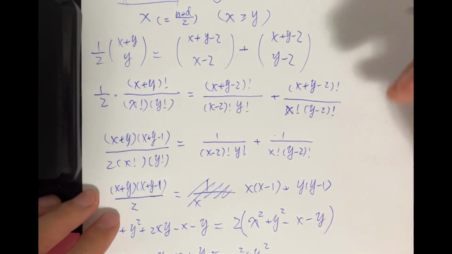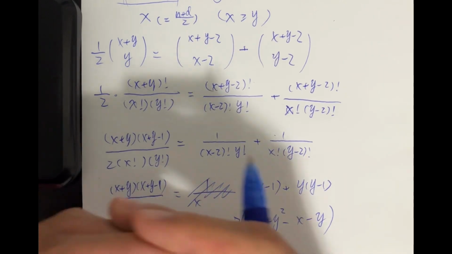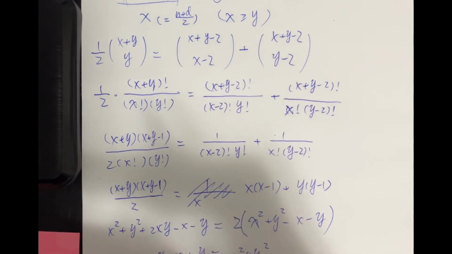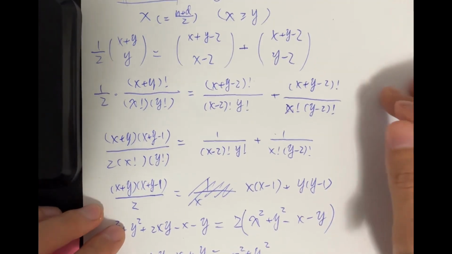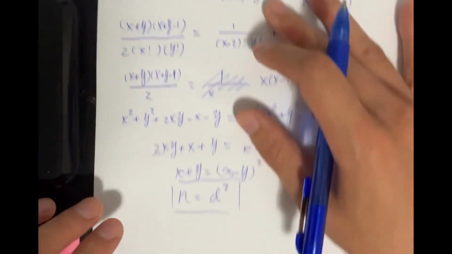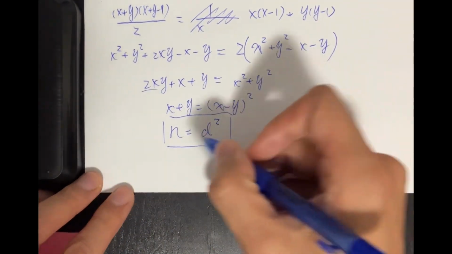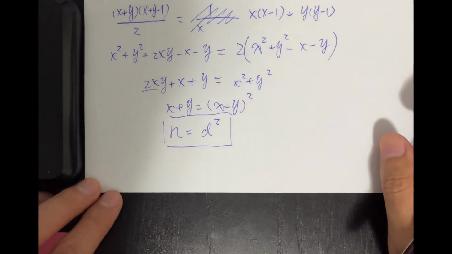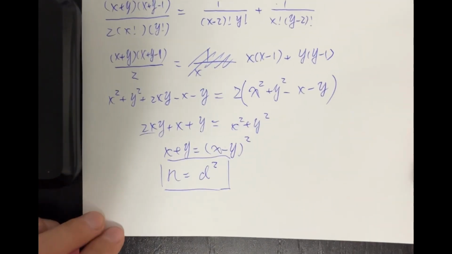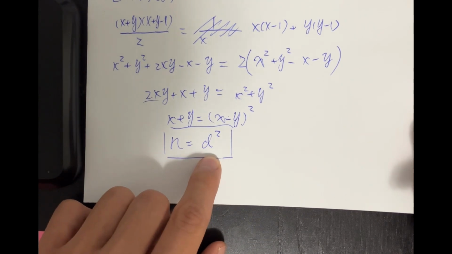But in some base cases, we've got only one row or just one column, and we cannot go any further back. So that might be a different story. We have to be careful with that. But generally speaking, this relationship should be enough for us. So let's say n is d squared is all we need.